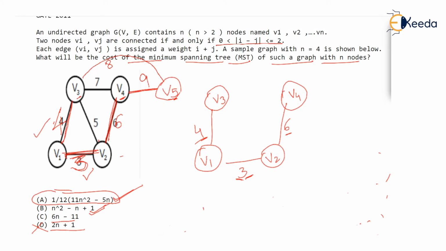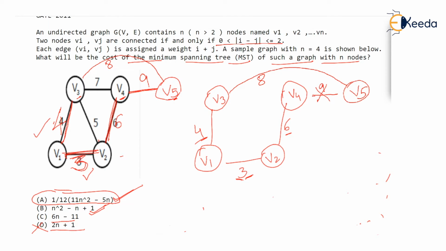Now you watch, if there is V5 also in our discussion, then only 3 to 5 can be connected, because this is having the minimum weight. You won't connect this 9, 4 to 5, isn't it? And by the way, if you connect this, then there will be a cycle. Check that.